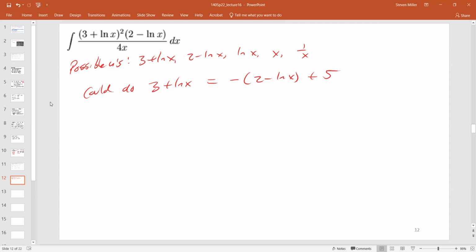But the other thing that's going in my mind is, what's the derivative of the natural log of x? It's 1 over x, or the derivative of the natural log is dx over x. What does that suggest might be a good choice for u?